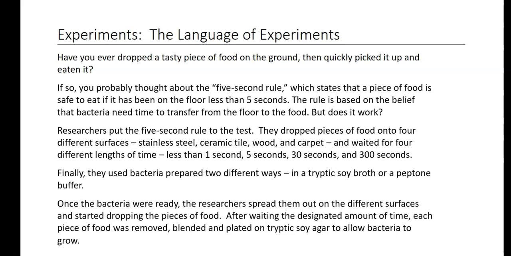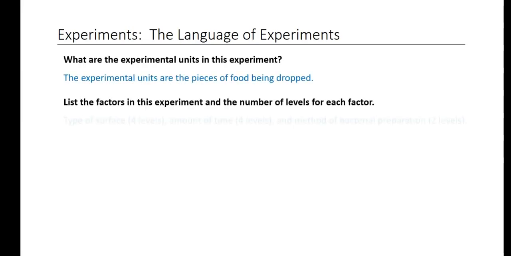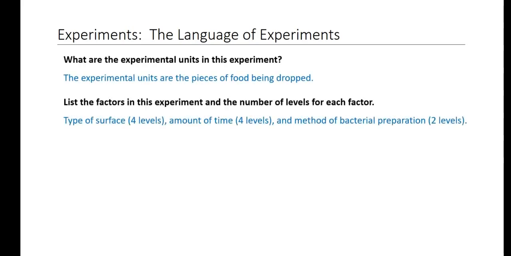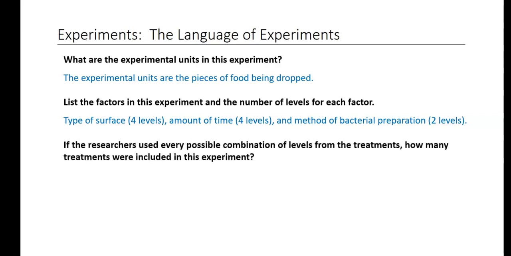So you have 4 different types of surfaces, 4 different types of time, and 2 different types of preparation liquid or whatever that is there. So that's what they said: 4 levels of the type of surface, 4 levels of the amount of time, and 2 for the method of bacterial preparation. That was the wording I was looking for.